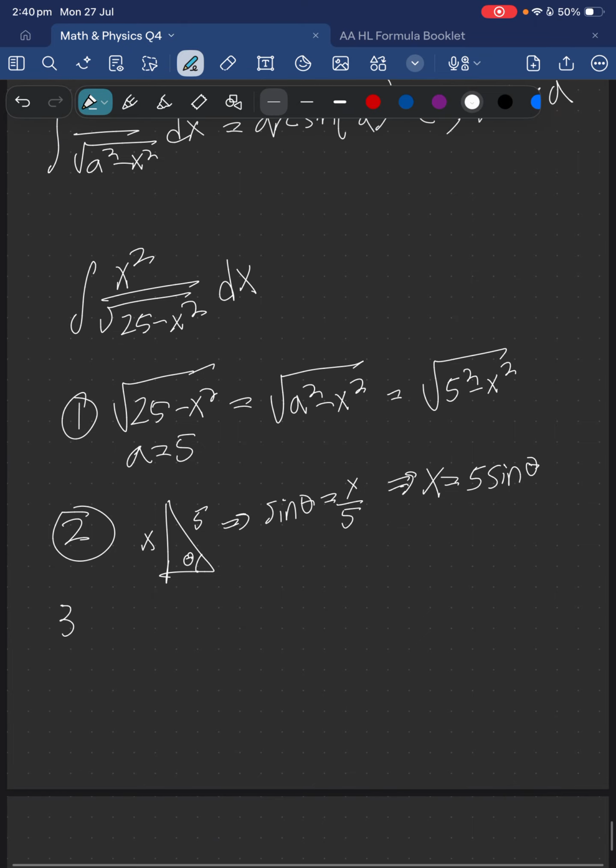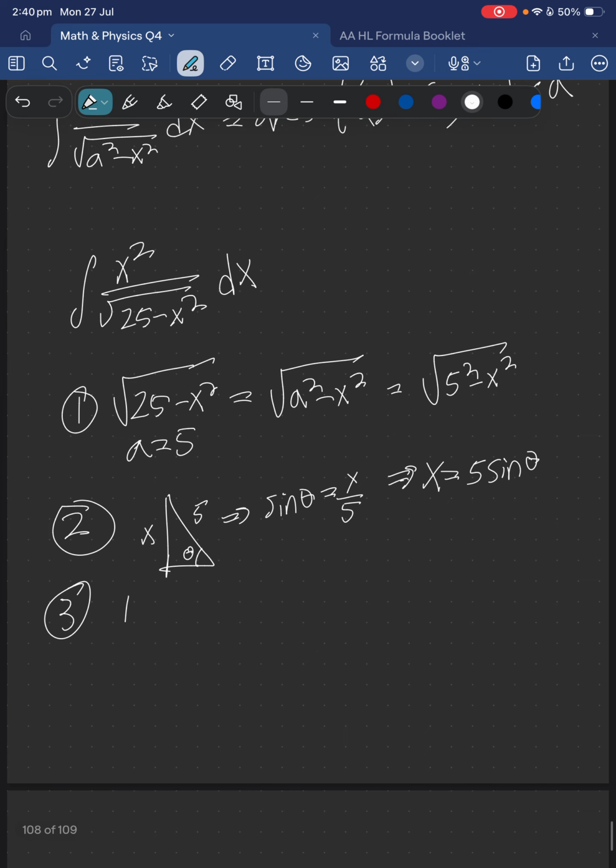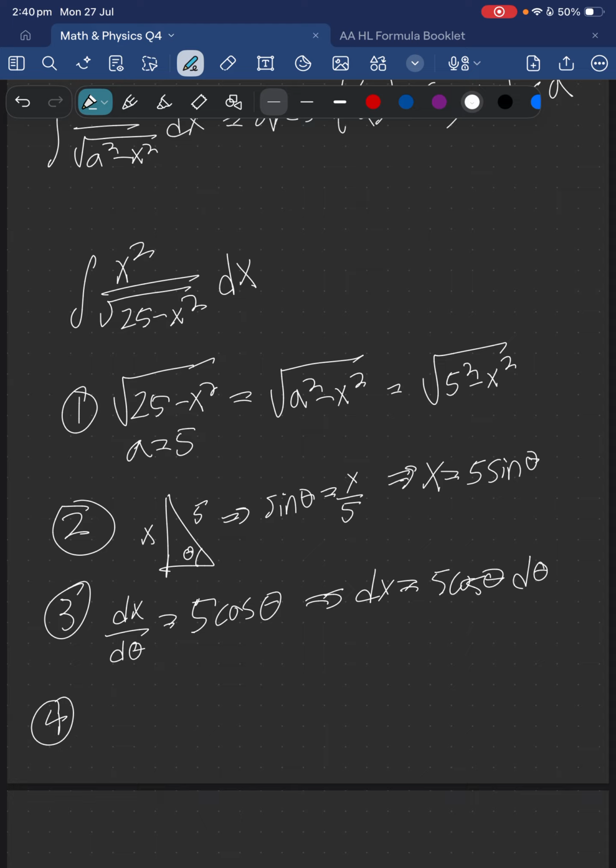The third step is to differentiate x with respect to theta. So that would be 5 cosine of theta. And then you solve for dx so you can make the substitution. The fourth step is to plug everything in. So you get x squared, and we defined x as 5 sine theta.